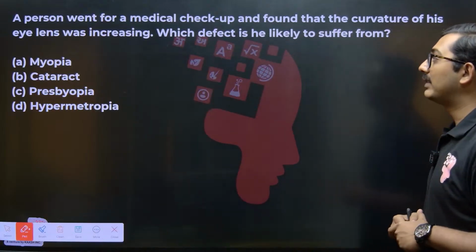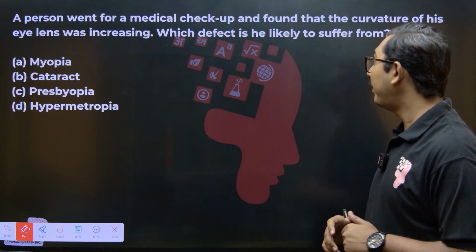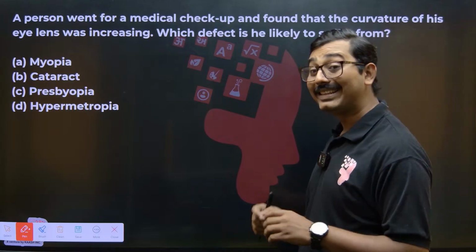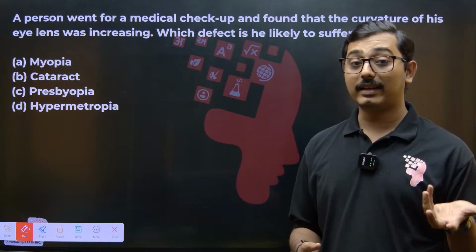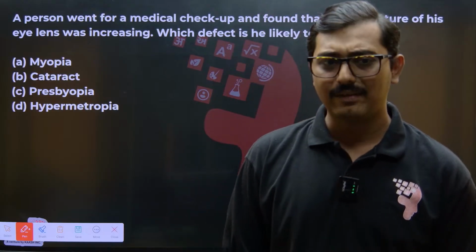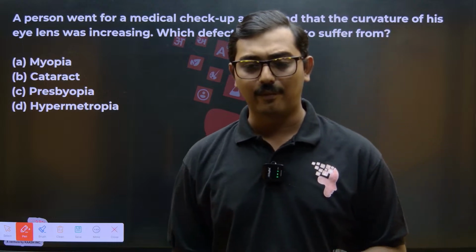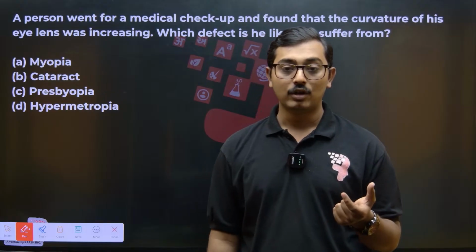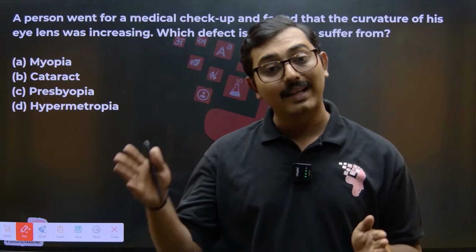Next, a person went for a medical checkup and found that the curvature of his eye lenses was increased. Curvature increased means what actually? Are we interested in the curvature of the lenses? No, we are interested in the focal length of the lenses. So curvature being increased means focal length is being increased.